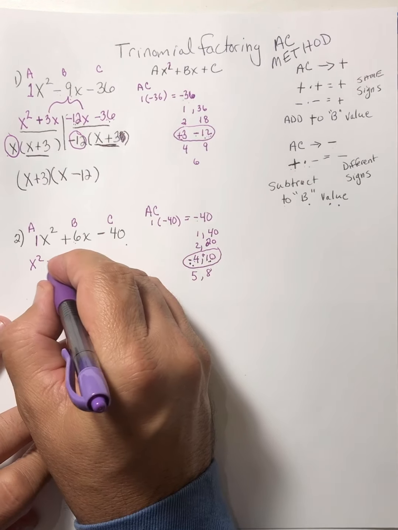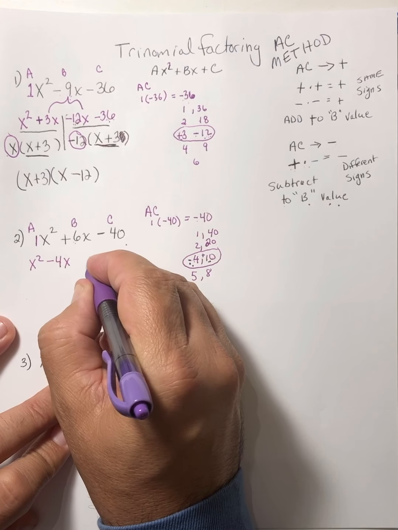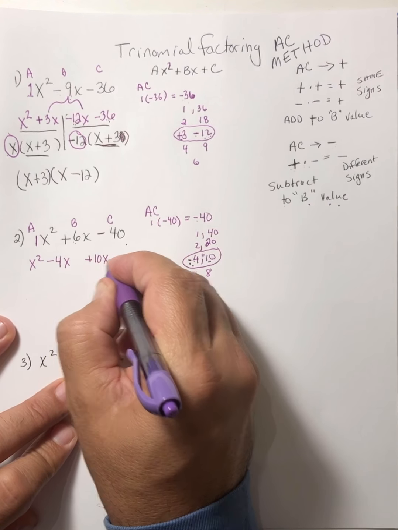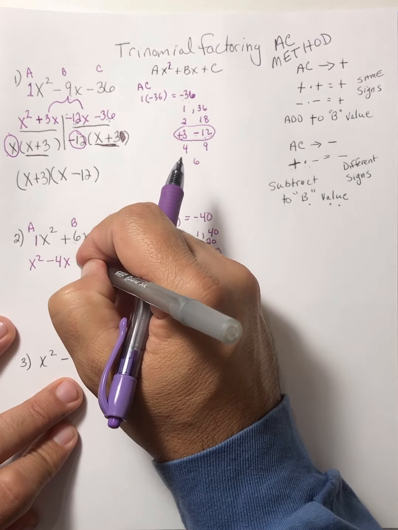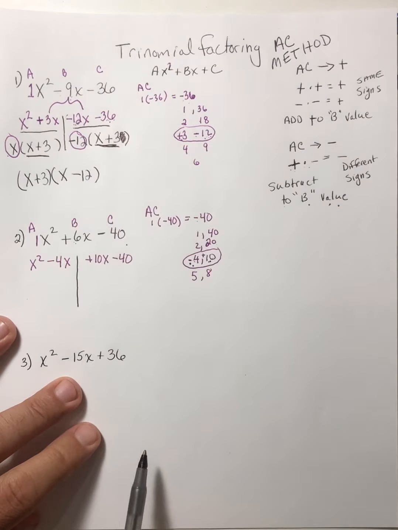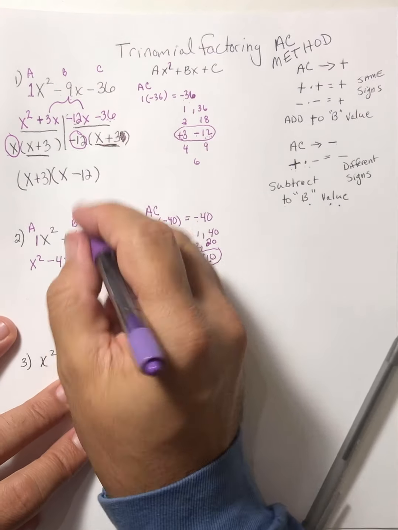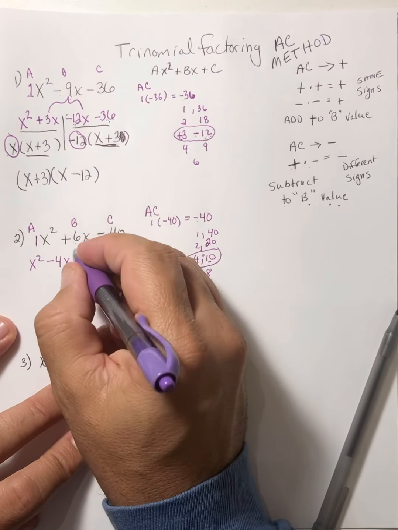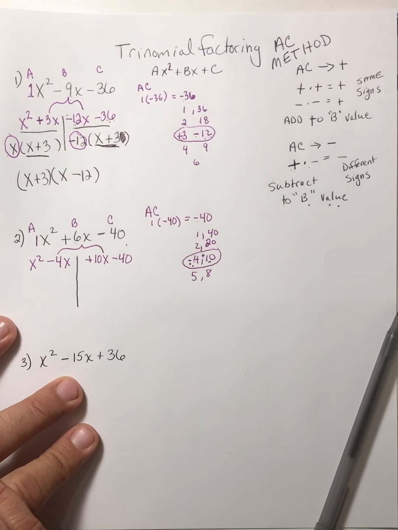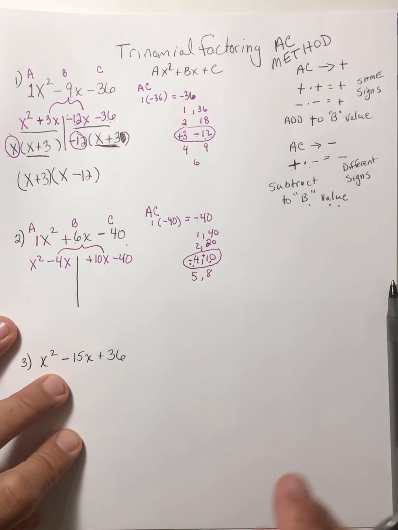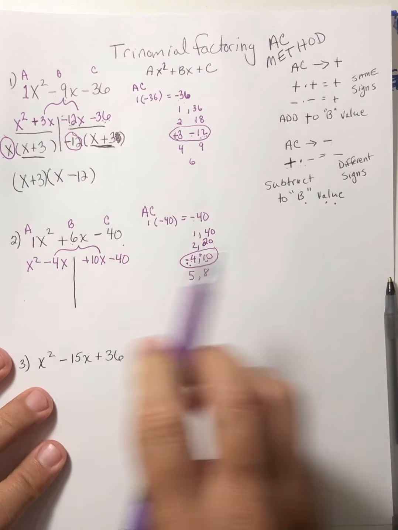So I'm going to put negative 4x plus 10x minus 40. And now here's our split down the middle. Okay, so just like we did up here, these two numbers make 6x. All right, now all we have to say is, okay, what are those?